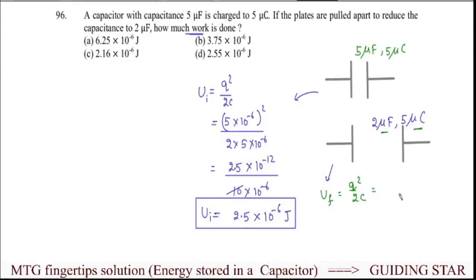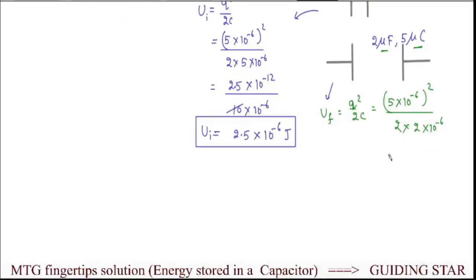So it will be (5 into 10 to the power minus 6) whole square divided by 2 into capacitance, which is 2 microfarads, that means 2 into 10 to the minus 6 farad. Finally, if we do the calculations, it will be 25 into 10 to the power minus 12 divided by 4 into 10 to the power minus 6. So 25 upon 4.